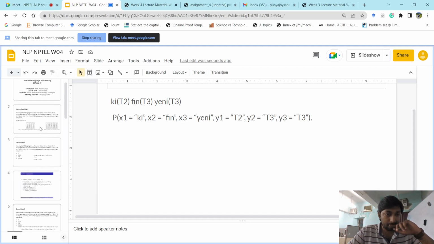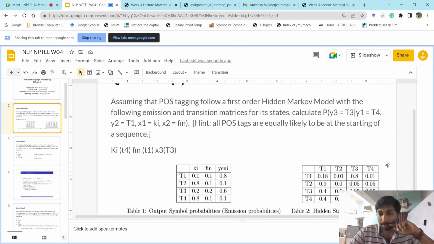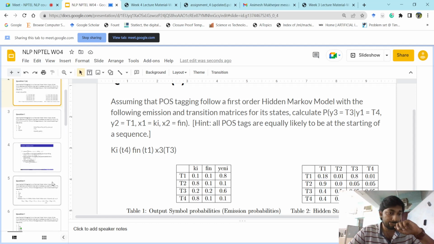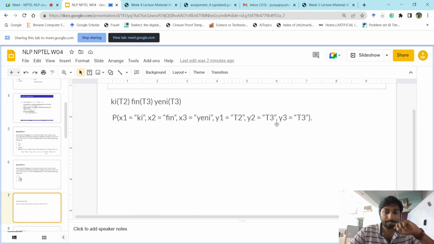Yeah, but if you see, there are 4 tags. So you are correct in a way, but it is 1 by 4. Yeah, 1 by 4, correct. Then let us write it.